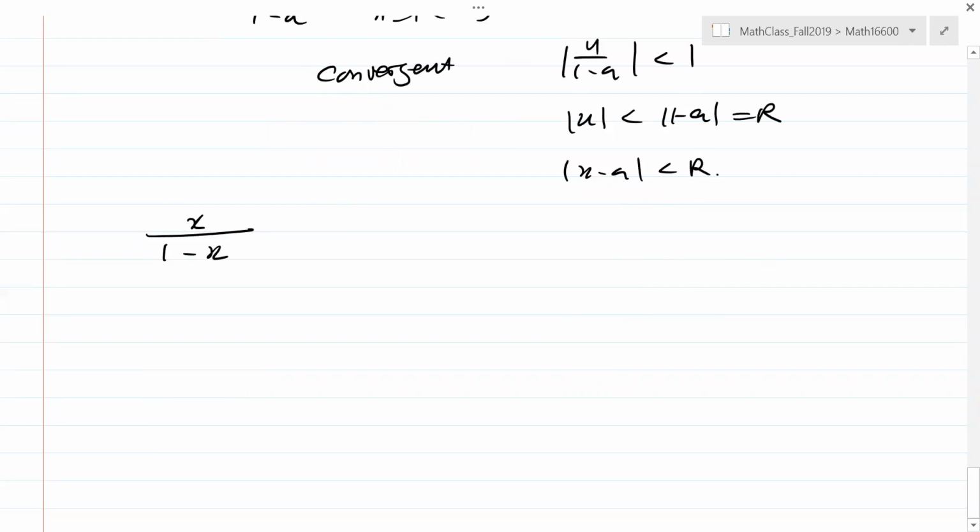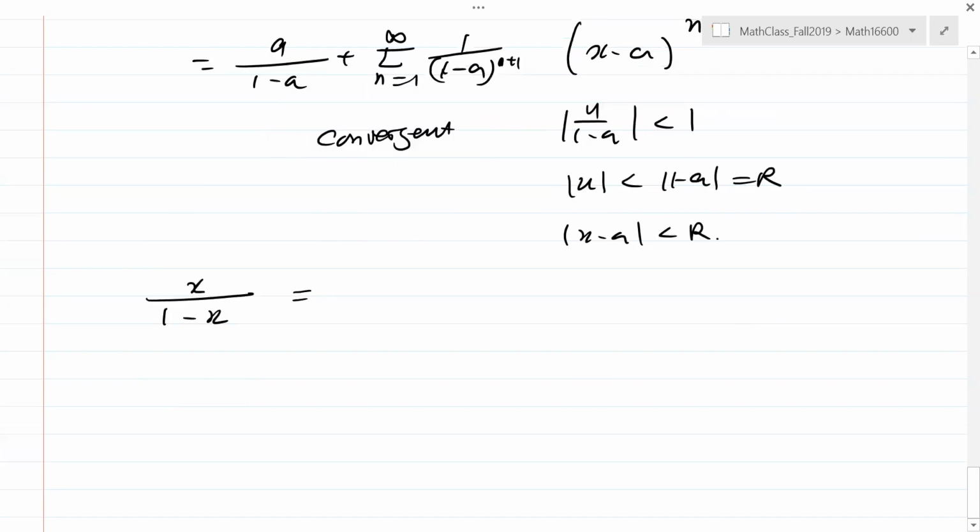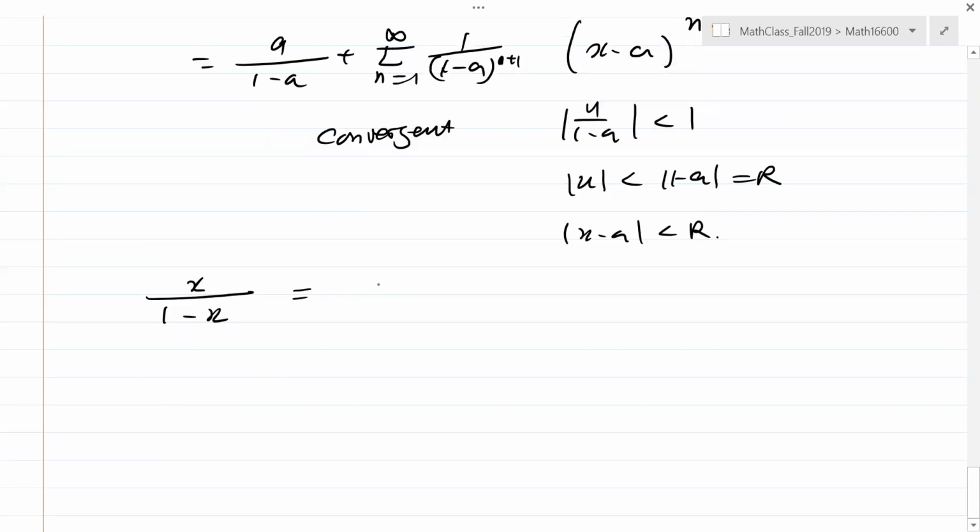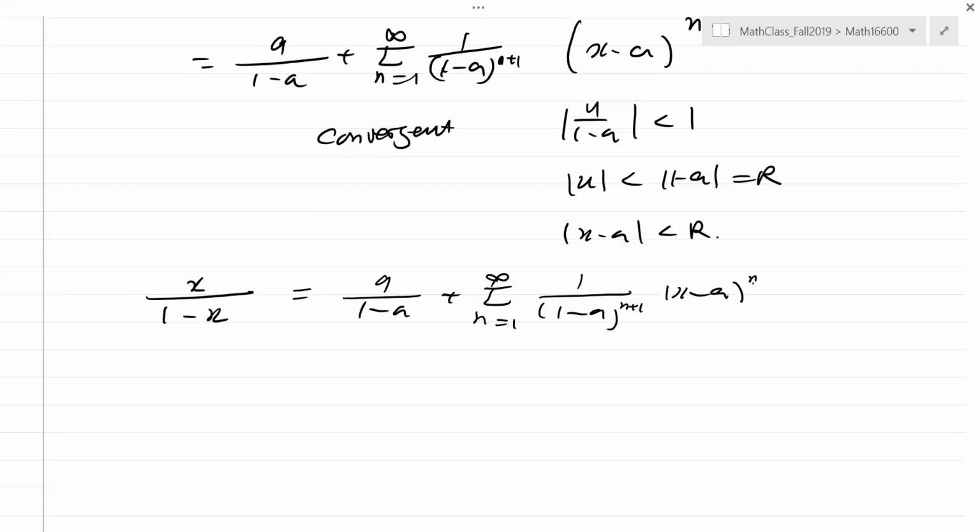All right, so anyway, this is convergent. That's such a simple function.